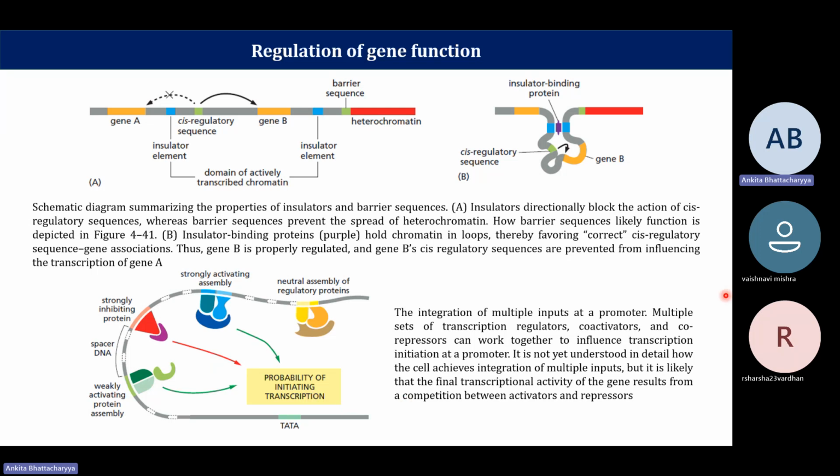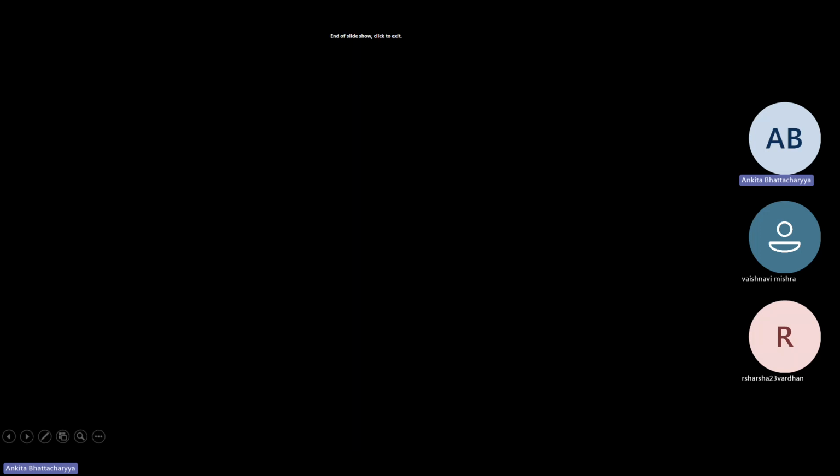As per this book, when it was published, it was not very well understood how the cell achieves the integration of multiple inputs, but it is considered to be the result of a competition between activators and repressors. Whichever is present in more abundance can more often bind more strongly and instruct the cell to proceed accordingly, thereby allowing the integration of all of these different inputs within the cell to finally regulate function.